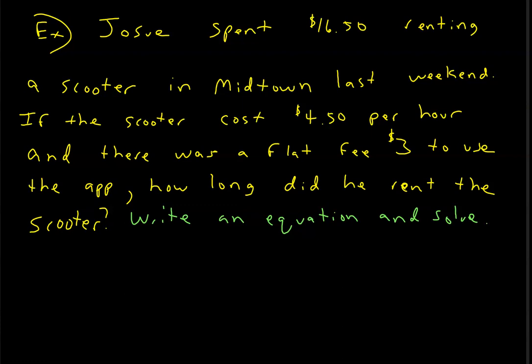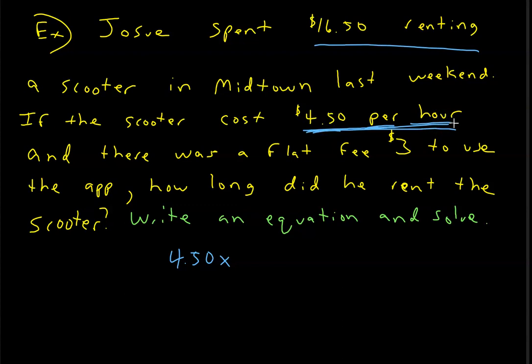He spent $16.50 renting the scooter, and it costs $4.50 per hour. That means it's going to be $4.50 times something, x, because we don't know the number of hours. Whenever we give you per, that means multiplication is happening. So it's going to be this number times x.